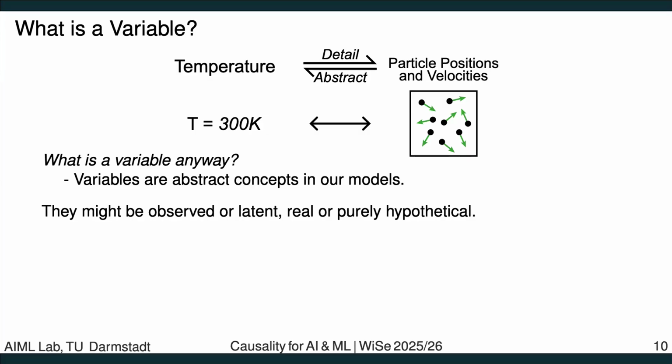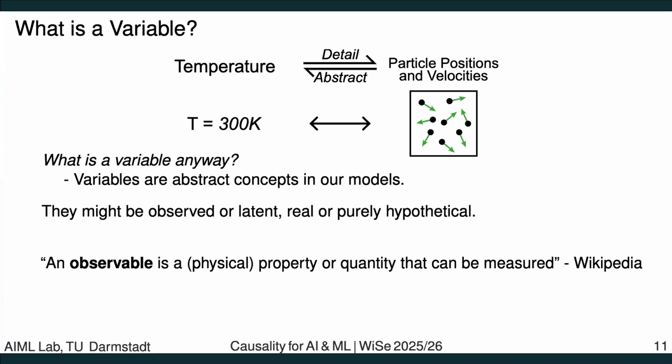So at first, we don't apply any meaning or any relation to real phenomena to them, even though we would like to make our models in a way that they are related. But they might be observed or latent, and sometimes there might be helper variables which we introduce to simplify our models, but they are purely hypothetical. So yeah, we can model all of this. The question always is, does it make sense?